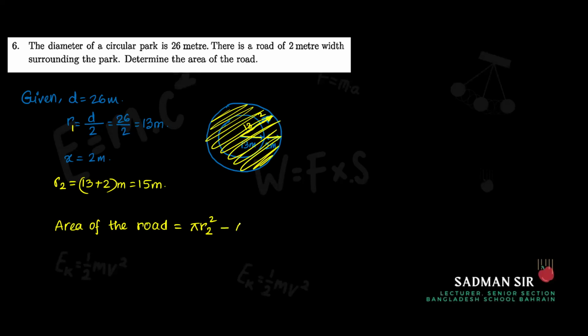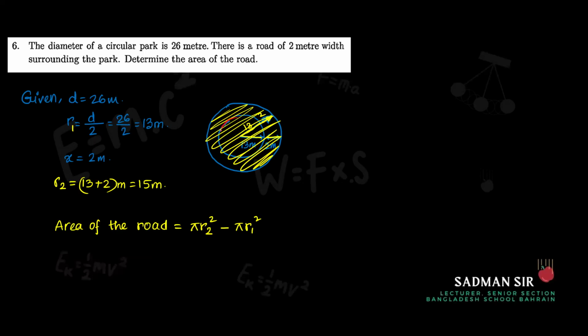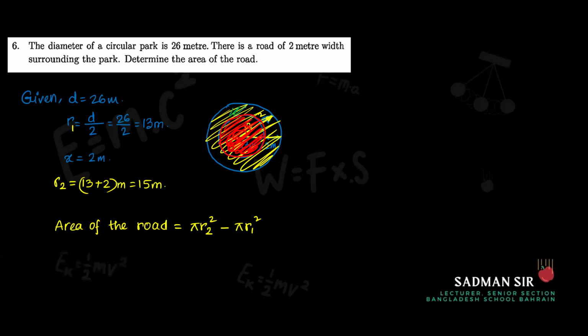From there, if I subtract the area of the inner circle, that is pi r1 square, that means I will subtract this area. Then the only remaining part will be the road, correct or not? Yes, and only this road will be remaining.